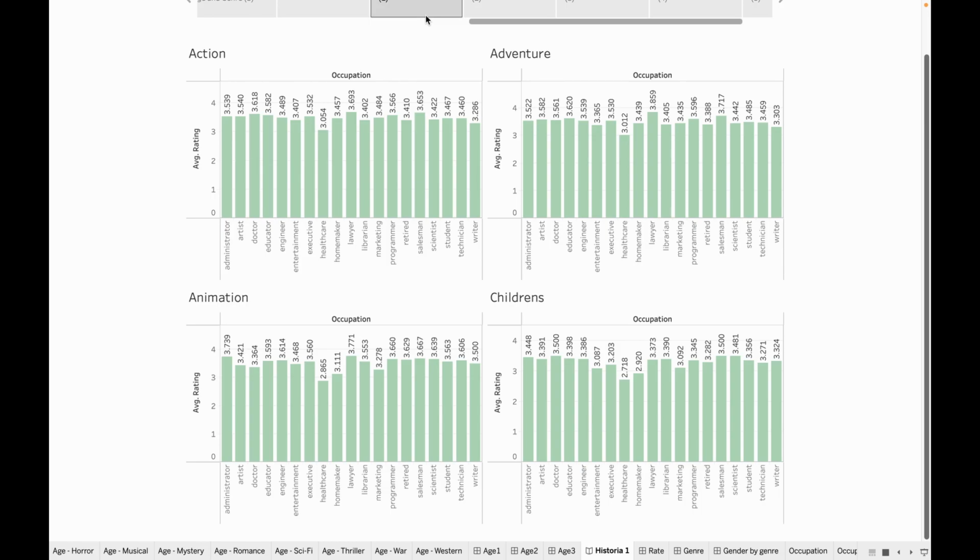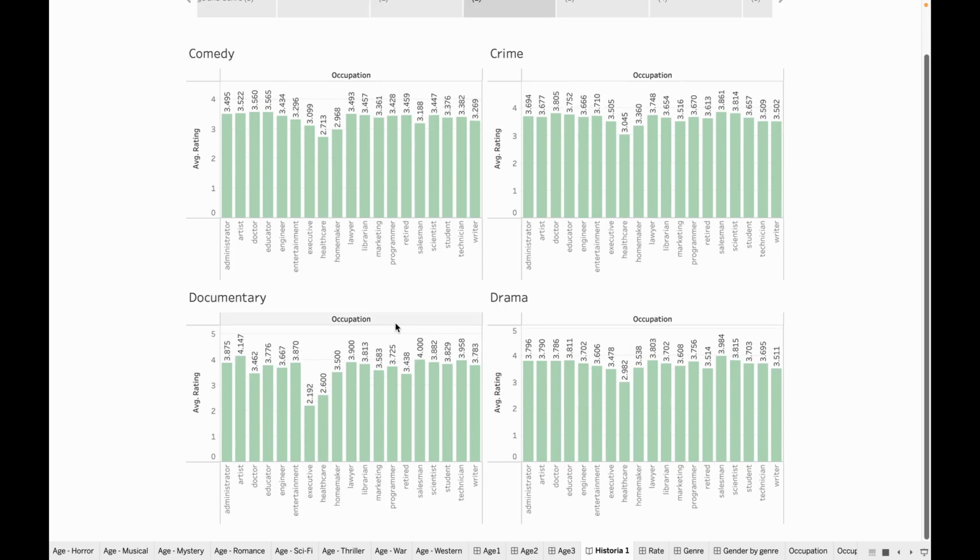Here we have some plots for some genres, and we are going to see this in documentary, which has a really low rate for executives and healthcare people, and a really good one for salesmen, artists, technicians, and lawyers, that maybe is people that want to get deeper into their sector.